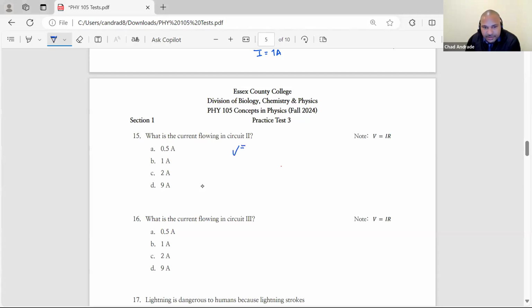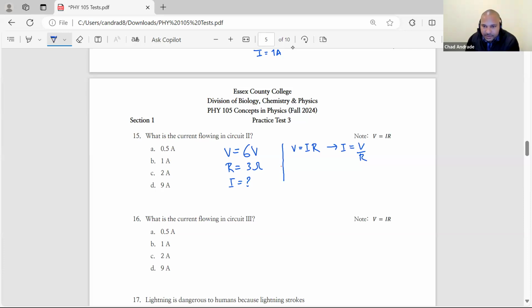Voltage is two 3-volt batteries, so we're going to get 6 volts. The resistance is because of one bulb, so it's 3 ohms. The current is what we're looking for, so I'll put a question sign. We know that voltage equals current multiplied by resistance, which means current equals voltage divided by resistance.